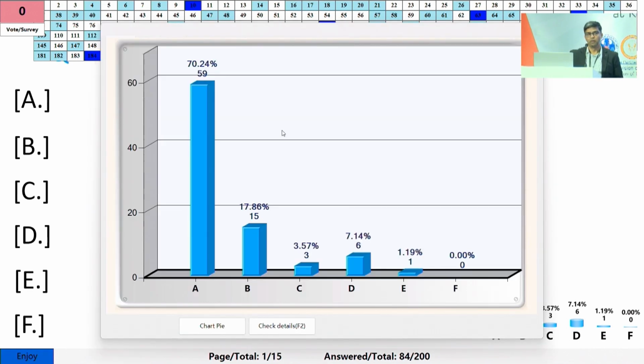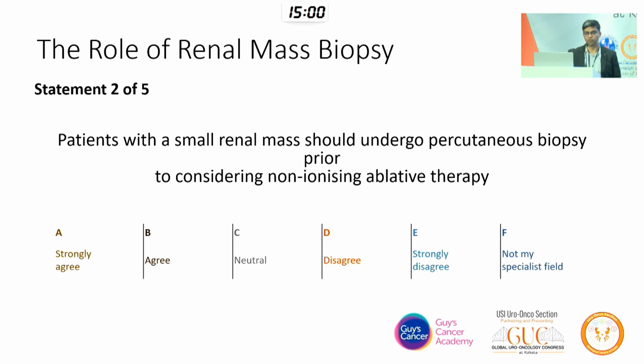Next, the second question: patients with small renal masses should undergo percutaneous biopsy prior to considering non-ionizing ablative therapy.